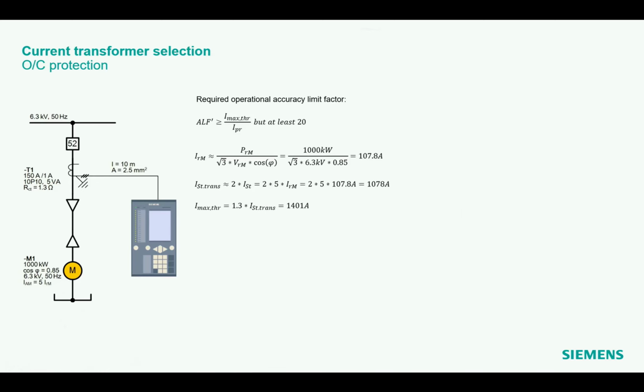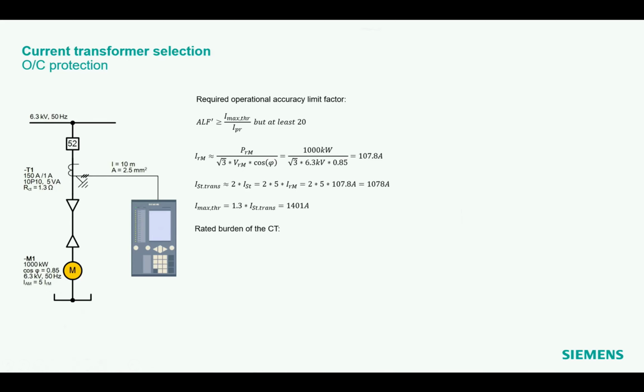The threshold now as a practical value, we said, okay, let's put 30% on top of that. So times 1.3, then I come to this maximum threshold here. The IPR, the primary current of the current transformer here, is 150 amps. So this is also given, and we now can calculate this ALF dash factor here.